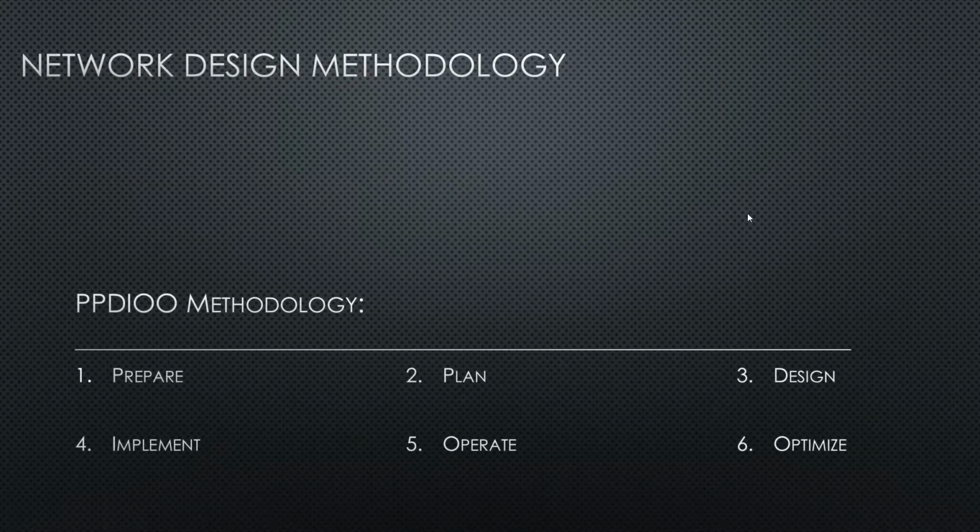The PPDIOO methodology has been used to help in creating the project and making it more efficient. The PPDIOO methodology consists of 6 different phases. The prepare phase is the first phase.